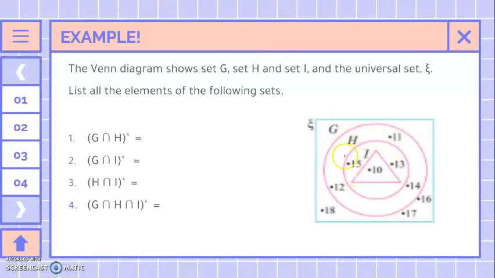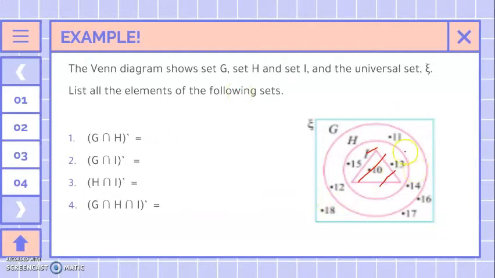So the complement of this intersection of G and H is... the intersection between G and H is right here.